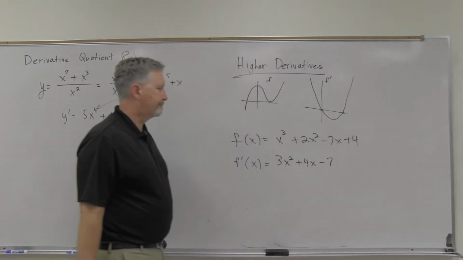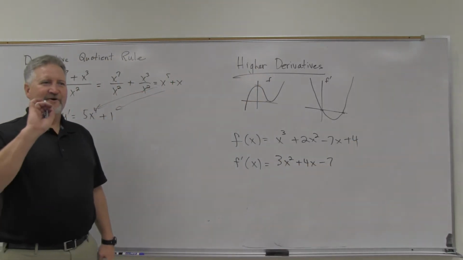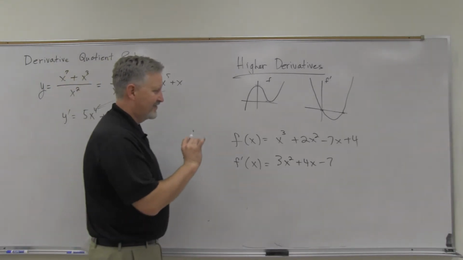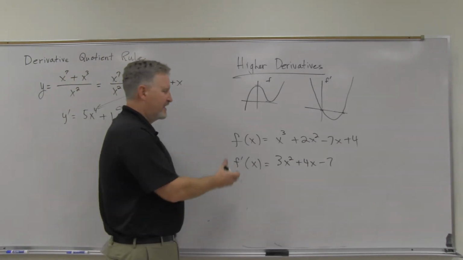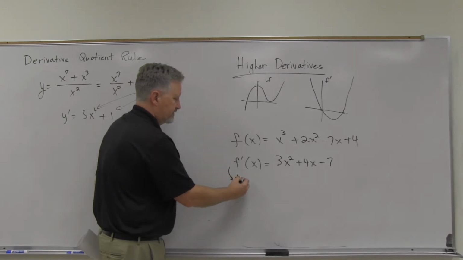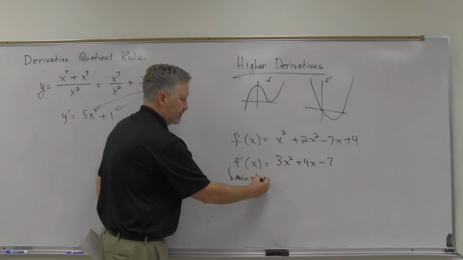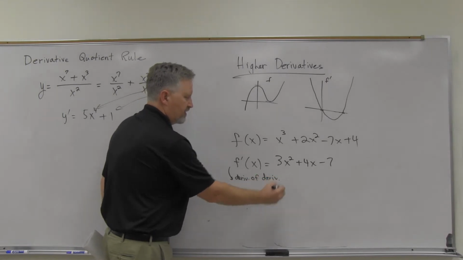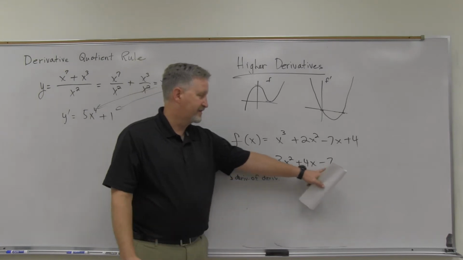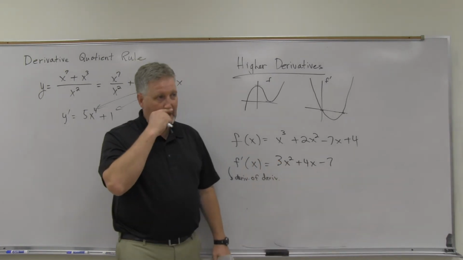Zero derivative there. Well, we can utilize the same process and get the derivative of the derivative. And as far as getting it, it's going to be fairly simple because it's just addition and subtraction there.